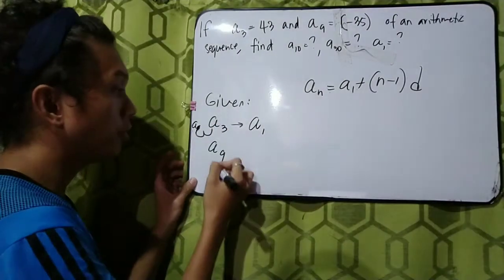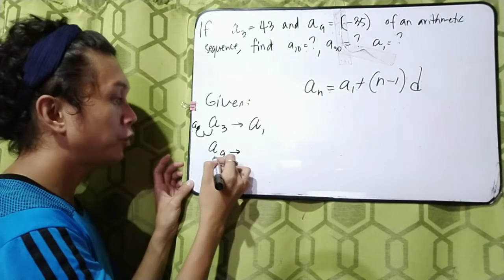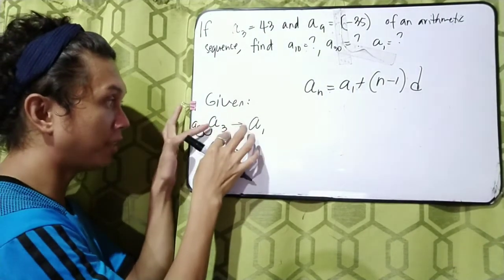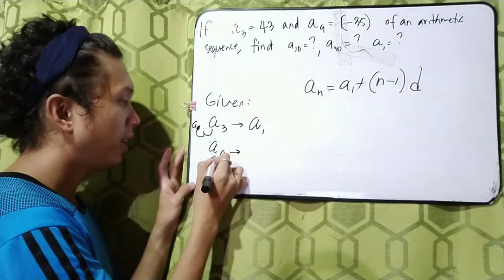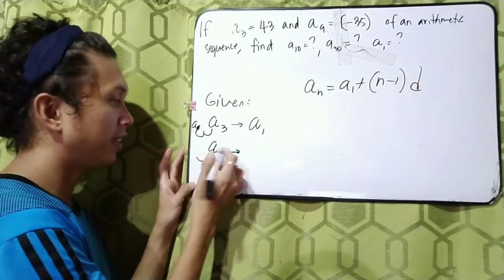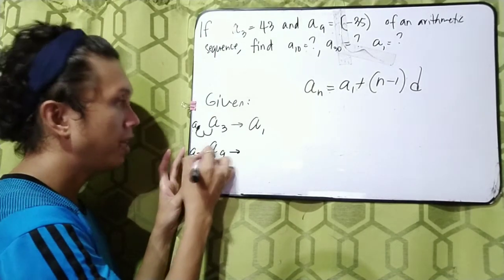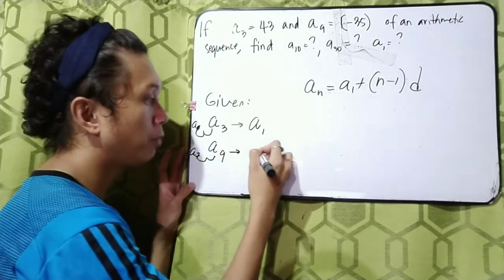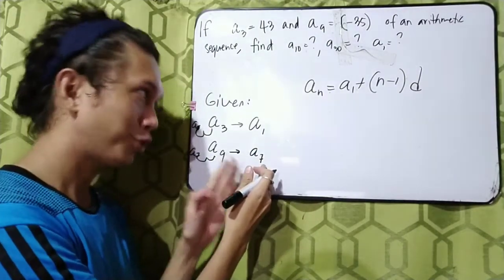In a sub 9, we are also going to move 2 places, because as we move a sub 3, a sub 9 will also be moved. From a sub 9 it becomes a sub 8, then a sub 7. So our a sub 9 will become a sub 7, and this will be our last term.